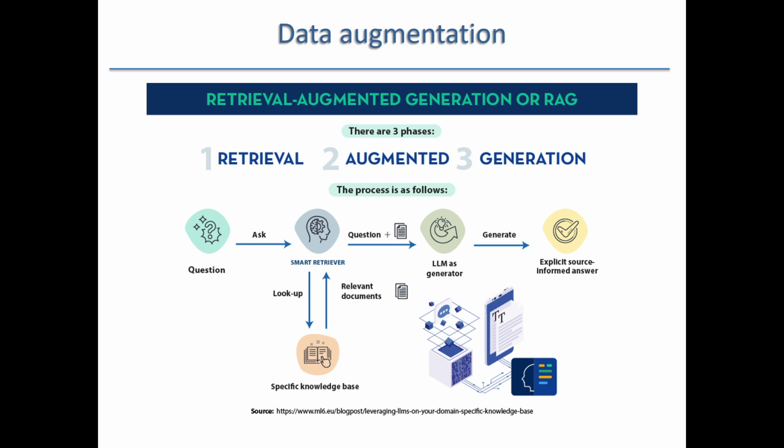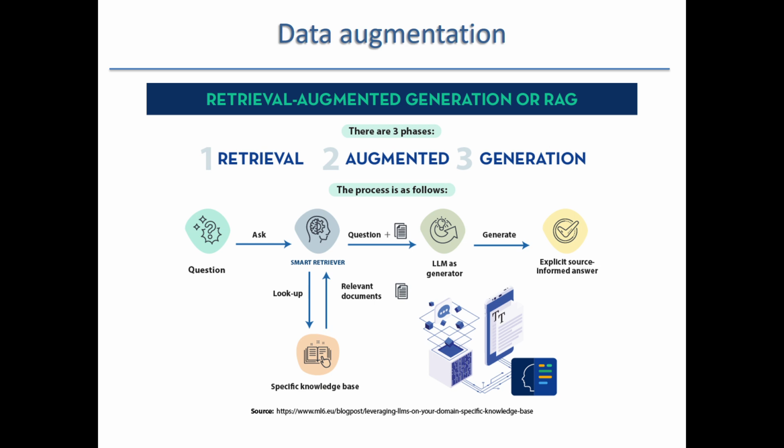Something that is now somehow related to this data augmentation is the data augmentation at the level of generation. So you don't retrain the model anymore, but the output, you want it to be augmented somehow.